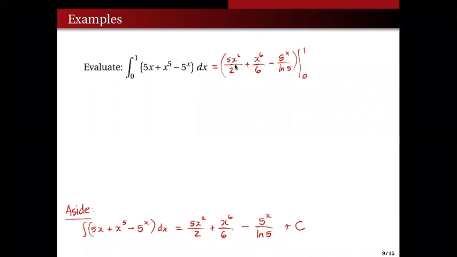So if we now start evaluating this, at 1, we'll just replace x with 1. We'll have here 5 halves plus 1 over 6 minus 5 to the 1. So I'll just write 5 over ln of 5.